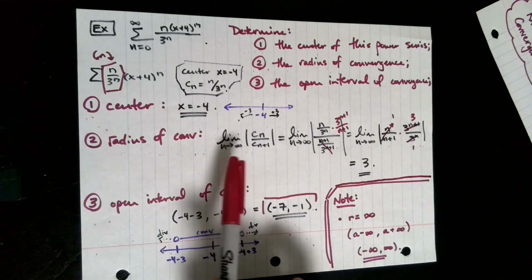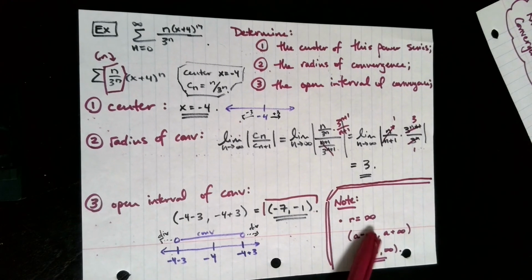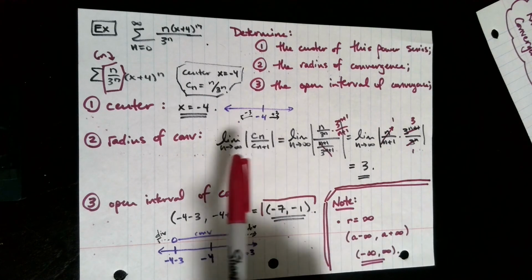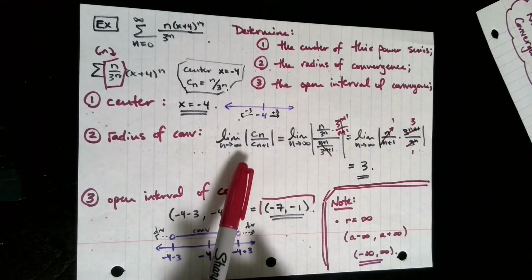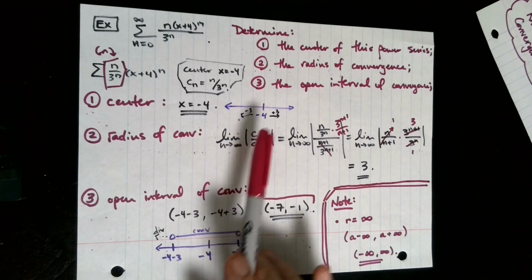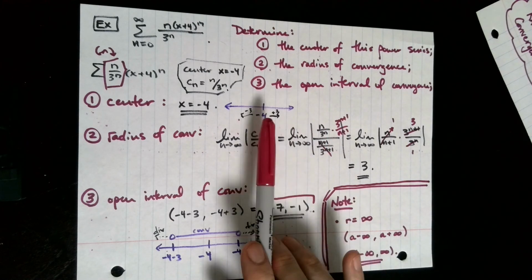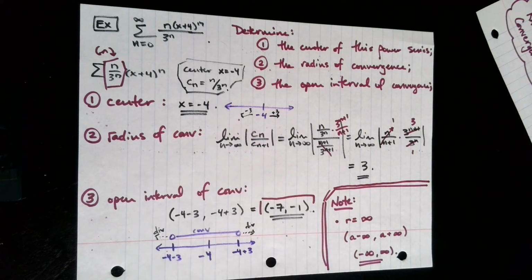Sometimes you know that limits going to infinity have values that evaluate to infinity. That is possible. So it is quite possible that the value of this limit is infinite. Should the value of this limit be infinite, think about what that would mean. That would mean that you should be able to go infinitely many units to the right and infinitely many units to the left of the center of your interval.